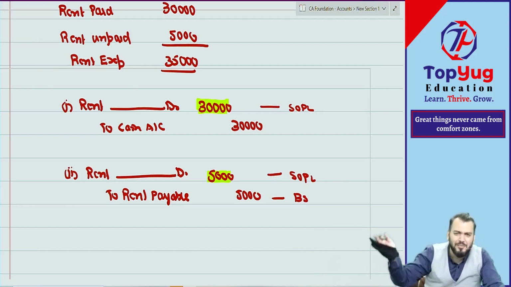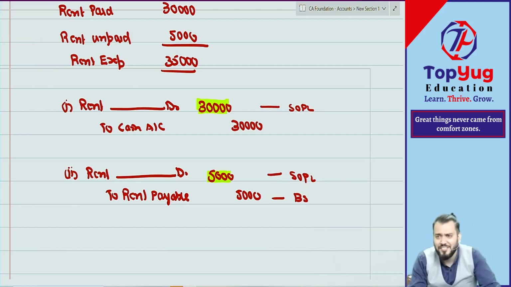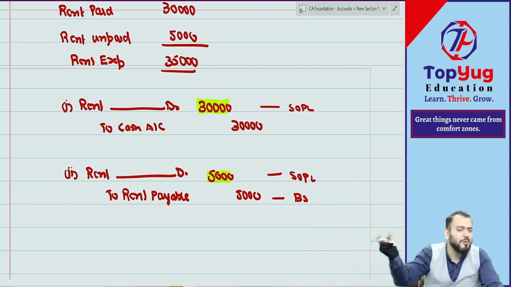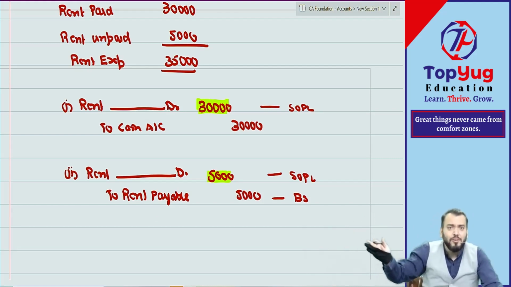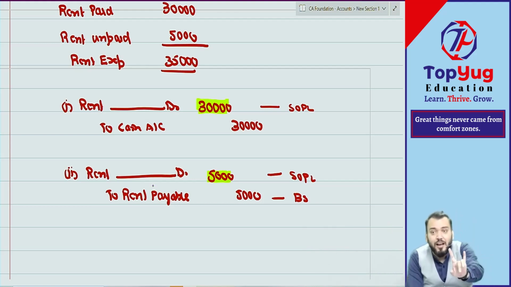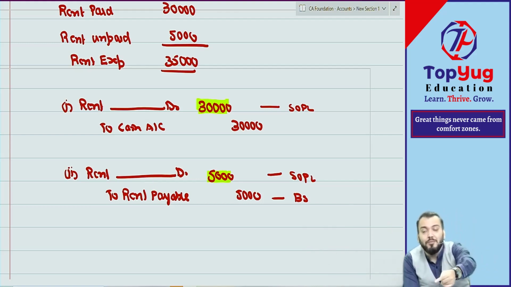And cash will be minus, cash is decreasing, and the balance will go to the balance sheet. Identify the nature and record where it goes. Rent is an expense account. Rent payable is a liability account. It will go to the liability side of the balance sheet. That is the objective now.